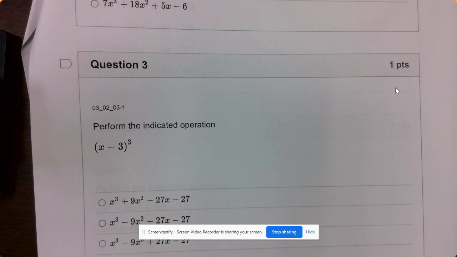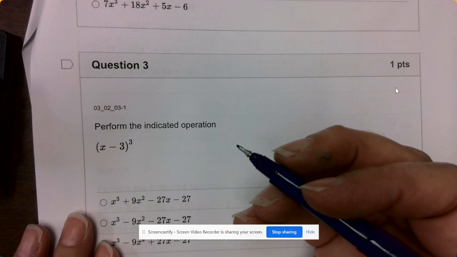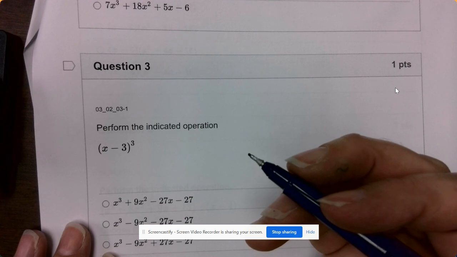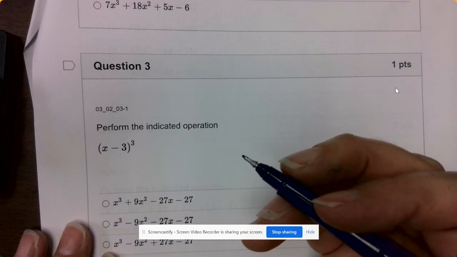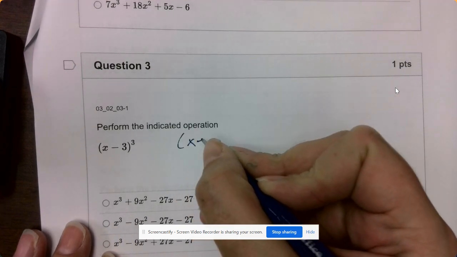So this one, everybody, is going to be, all right, so we could also just multiply this one out, everybody. I'm just going to do that.